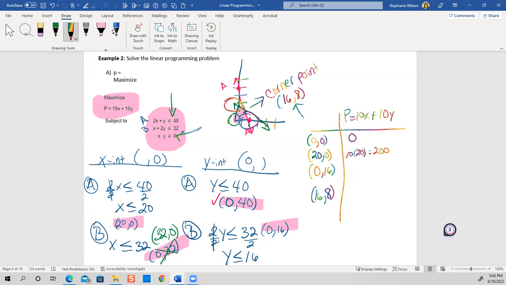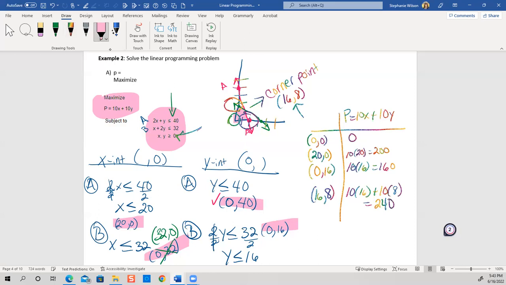If I plug in 0 in the place of x, I just get 0 there, and it leaves me with 10 times that 16, which is 160. This one here, I'm going to have 10 times 16 plus 10 times that 8. That's going to give me, double check my math on that, 240.